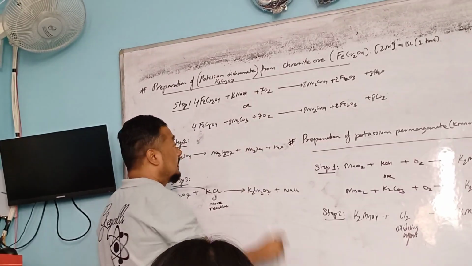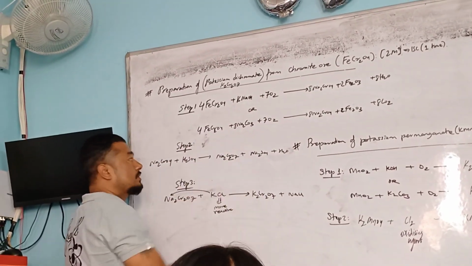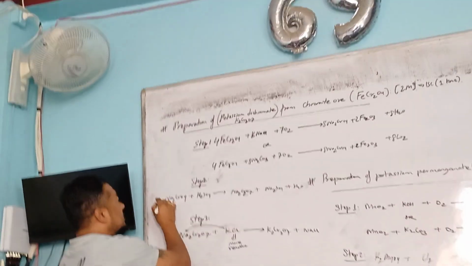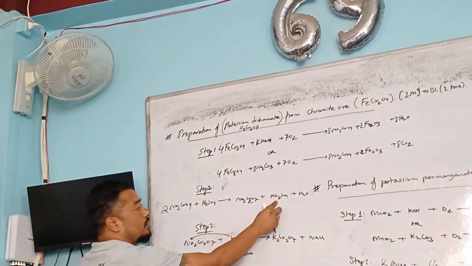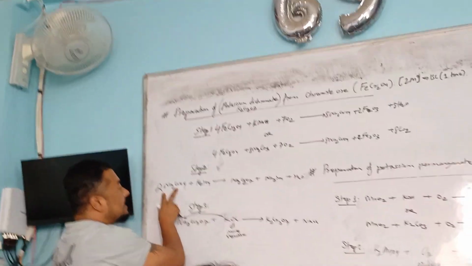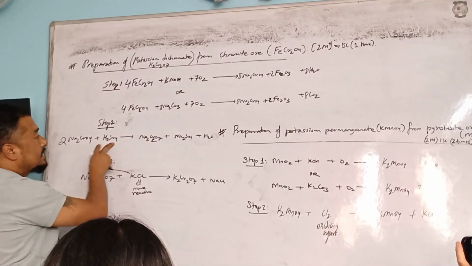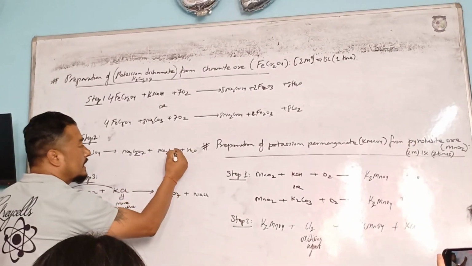These two balancings are much easier than the first one. Obviously here you can see there are 4 sodium, but here is only 2. So start with sodium, 4 sodium balance, 2 chromium balance, 2H balance, S and S balance. Oxygen here is 8, 7 plus 4, 11 plus 1, 8 balance.